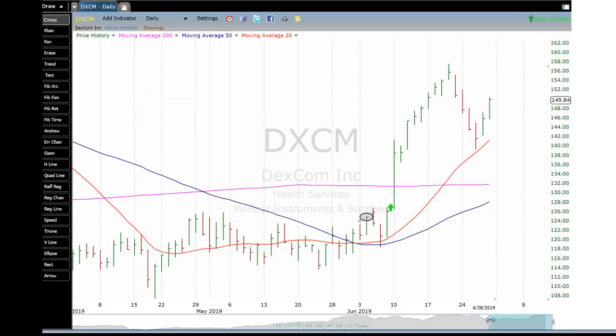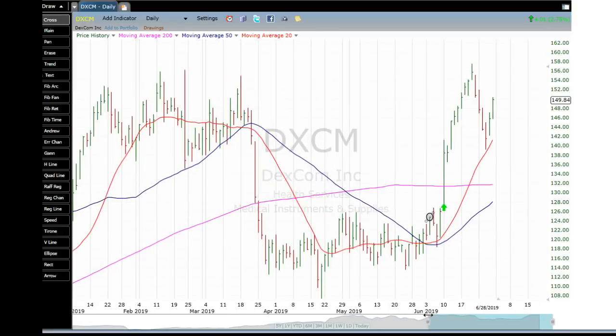But we locked in the gains, and you can see that it may be carving out a misshapen cup and handle, kind of a flat cup rather than a rounding base. Be that as it may, we'll watch and see what it does over the next couple of days.